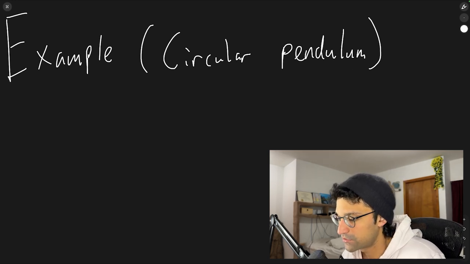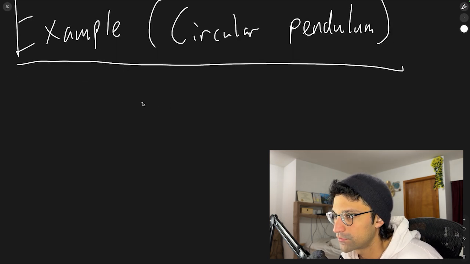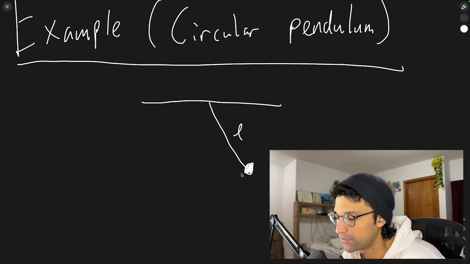A mass is suspended from a weightless string, something like this. Weightless string of length L, set into motion such that it moves in a horizontal circle. Oh, so it's not like this, but it's more like this, so it's going like this, right?